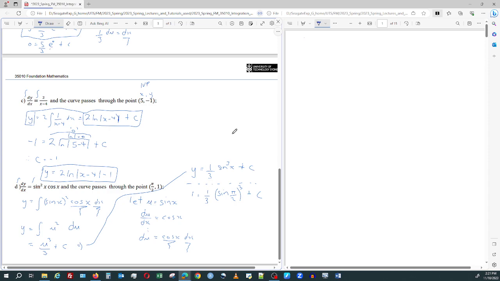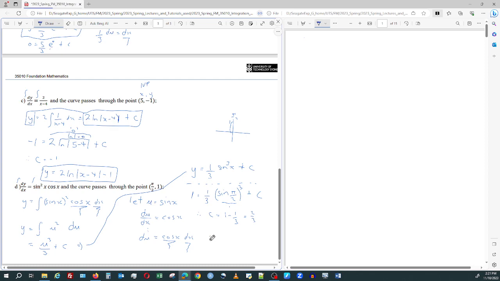Sine pi on 2 is here. Sine is that length there, which is 1. So 1 cubed is 1. So c is equal to 1 minus 1/3, which is equal to 2/3.